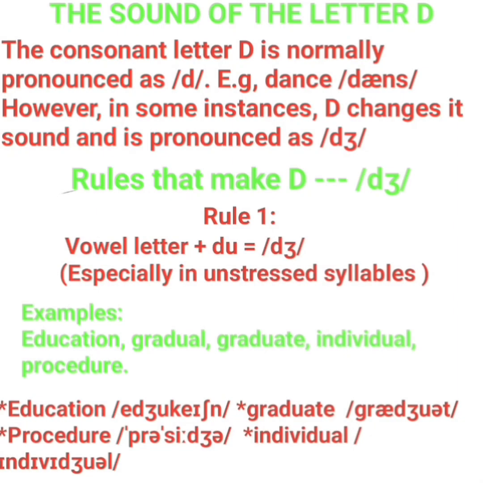Now to the sound of letter D. In most cases, when we see a word that has D, D is retained when we are pronouncing or transcribing. So for instance, dance, doll.